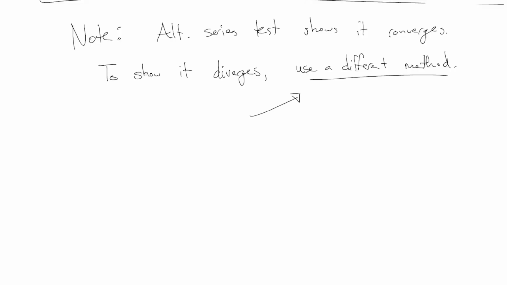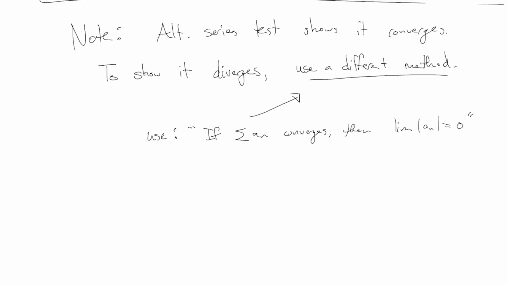Typically, what is required here is we will use the fact that if some series converges, then this is something that we talked about quite a while ago, at the very beginning of talking about series. This is a true fact about series.